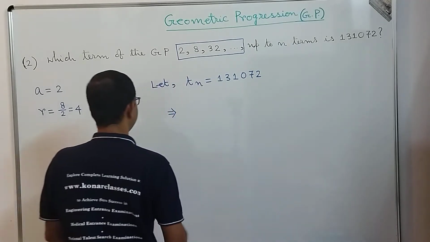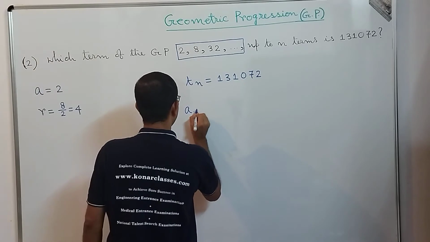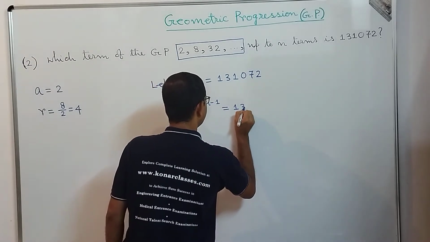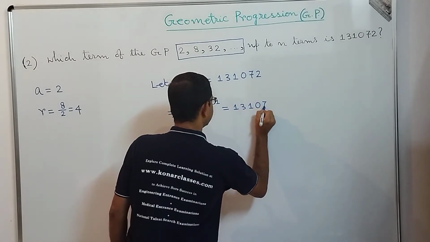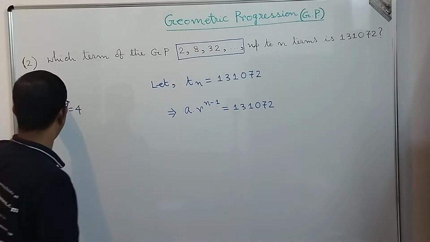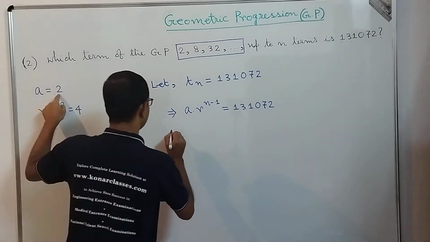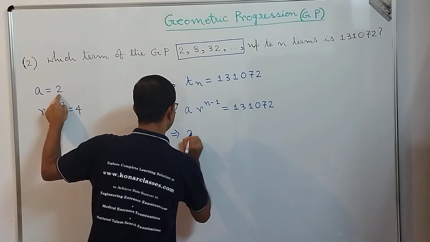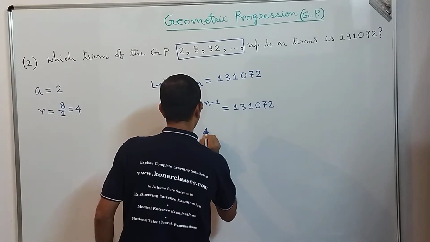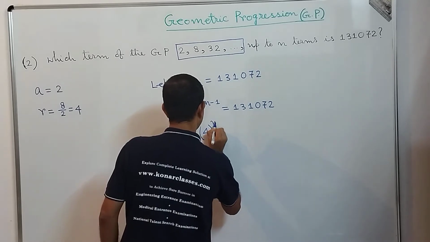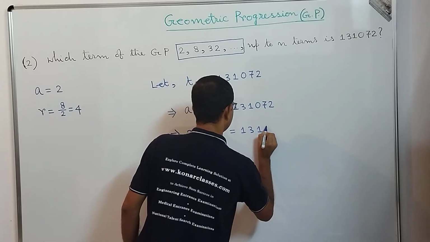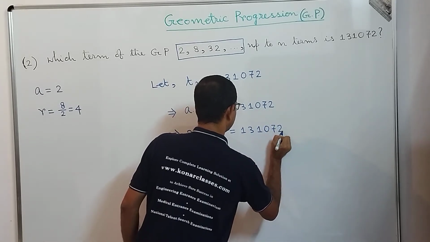That means what, dear students? What is Tn? We know the formula, A into R to the power n minus 1, that is equal to 131,072. Correct? Now what is the value of A? The value of A is 2. So we can write here 2 into R, and R is 4. So 2 into 4 to the power n minus 1 is equal to 131,072.